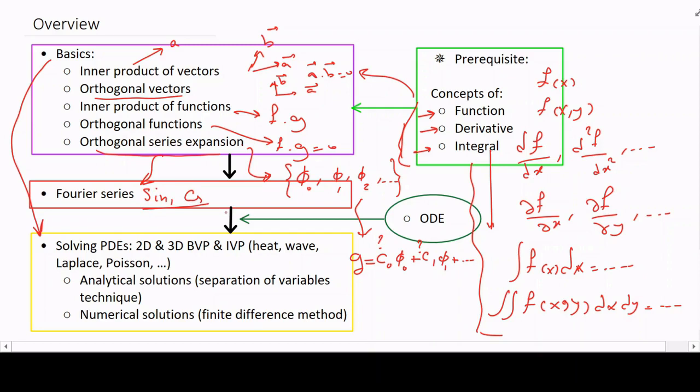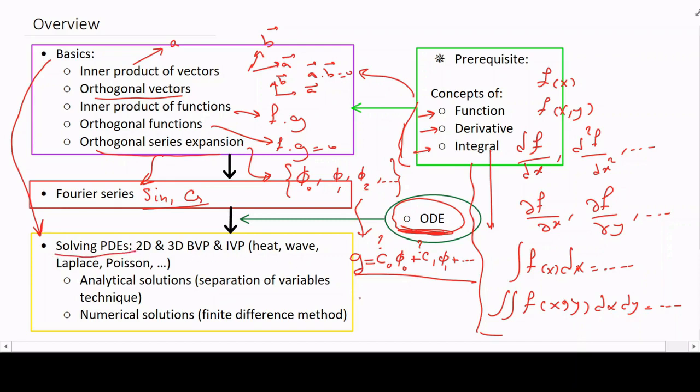When we cover all these materials, we still need to talk about ordinary differential equations, because there is no assumption that you know ordinary differential equations. So we need to cover that, and ODE itself is a very broad topic, so we're not going to go into details of ODE, but at least we're trying to cover all those materials that are needed to enable you to solve partial differential equations.